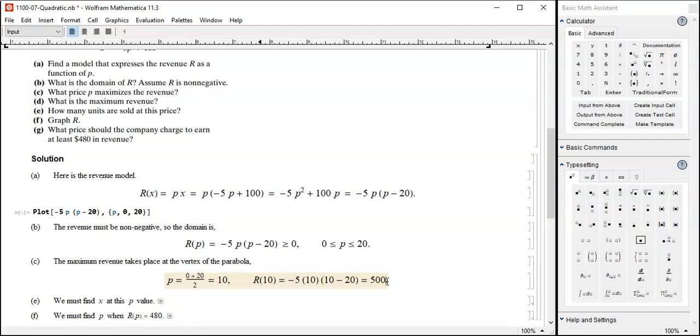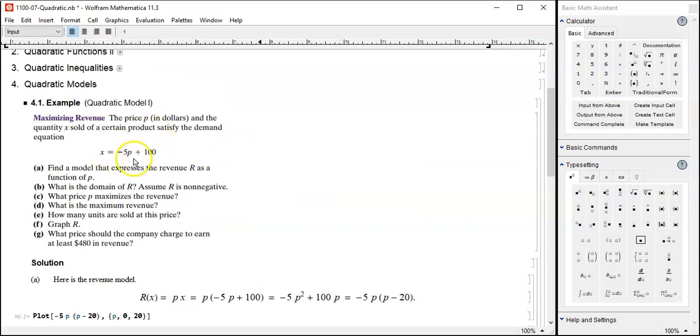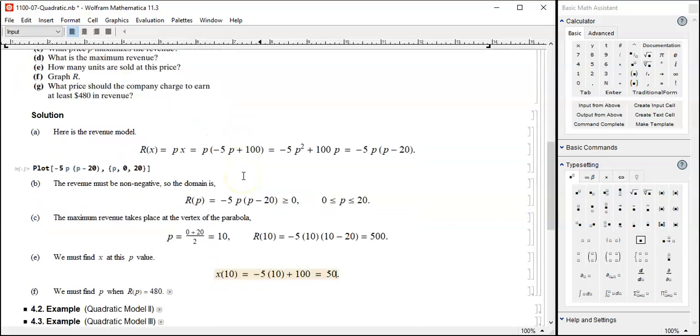And then at this price, we must find the x value. Negative 5p plus 100, and simply plug in p equals 10, and that's what we get.